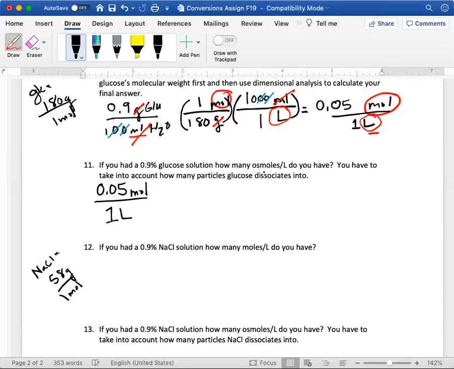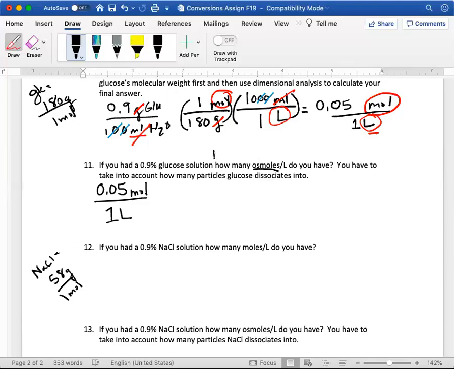Okay, so how many osmoles do you have? So let me explain osmoles. Moles is moles per liter. Osmoles takes into account how many ions it dissociates into. Okay, so if we have glucose, how many ions does glucose dissociate into? It doesn't dissociate into any ions. It's not a salt.